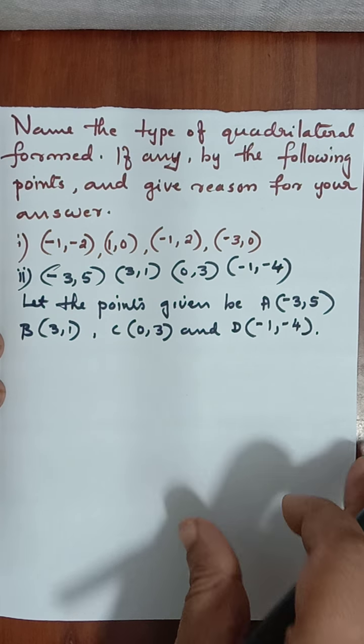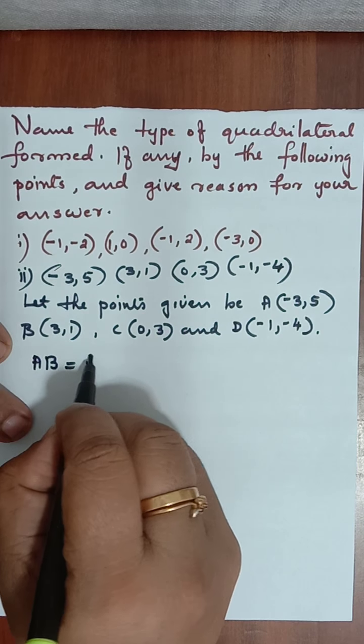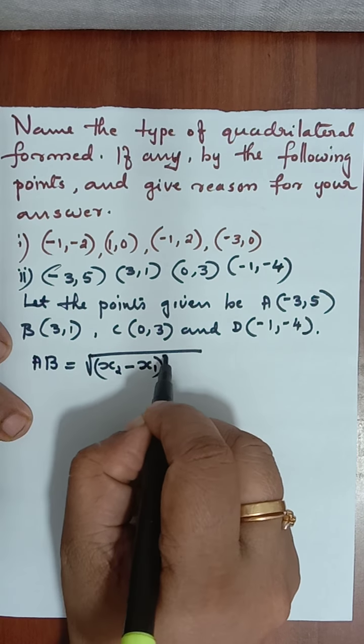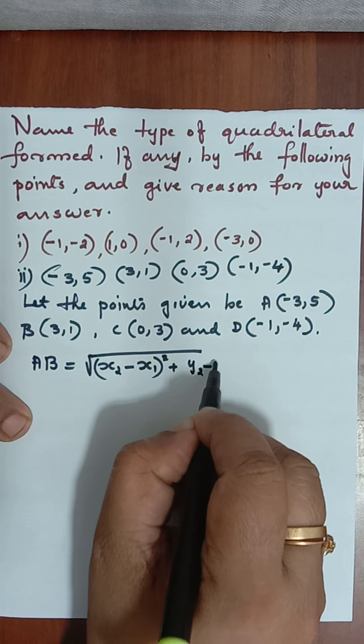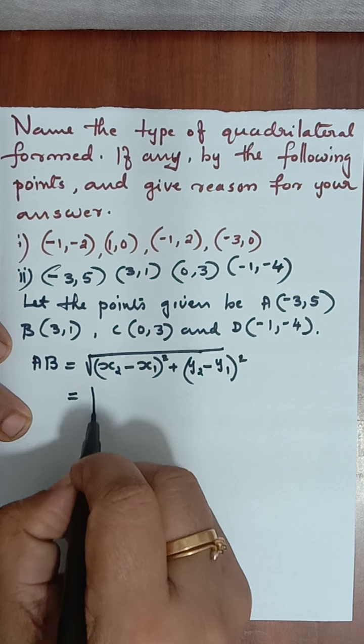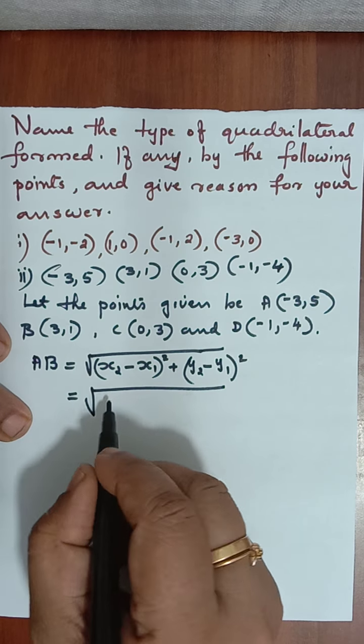How to find out the side? Using the formula. AB is equal to square root of (x2 minus x1) whole square plus (y2 minus y1) whole square. So this is our x2, y2.